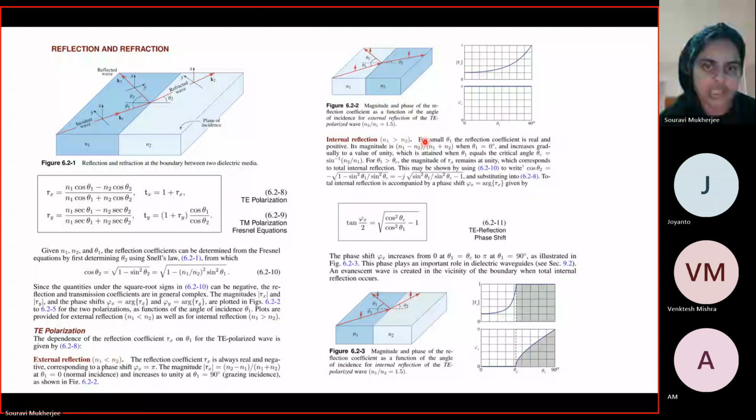Here again, it increases and it reaches 1 at a particular value when your incident angle matches the critical angle, right? At that point, you would get R to be 1. So this is the critical point where your reflection coefficient becomes 1. And beyond this, it remains 1.